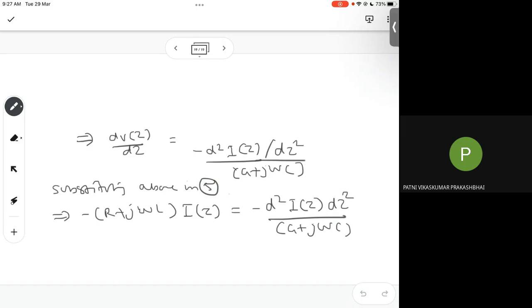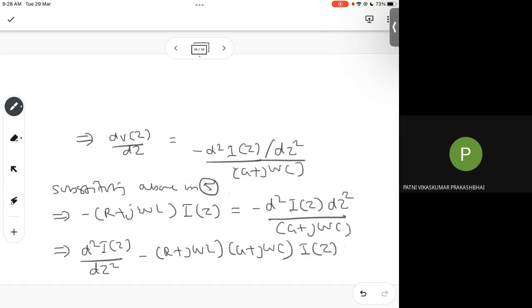If I substitute above in 5, I got this expression. Now, if you see, my things have become very simple. I got a decoupled equation: d square Iz by dz square minus (R plus j omega L)(G plus j omega C) Iz is equal to 0. So my equation has become decoupled, that is, in Iz only.